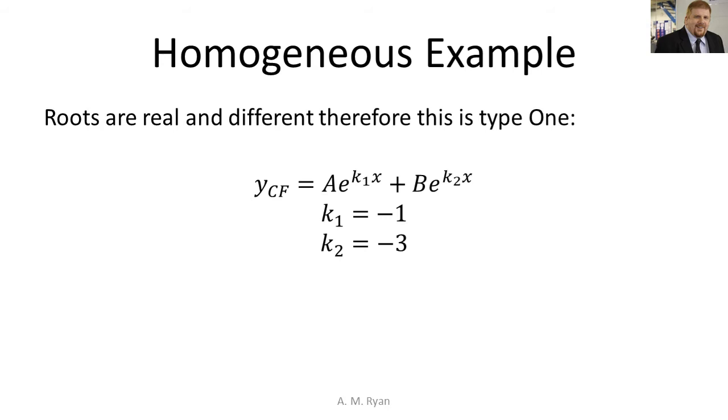So typically you just put the first one in k1 and the second one in k2. And we're left with a complementary function of a e to the minus x plus b e to the minus 3x. We put that together with a particular integral, which in our case was 0 because it's homogeneous.